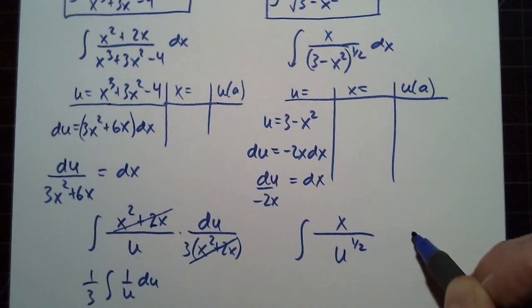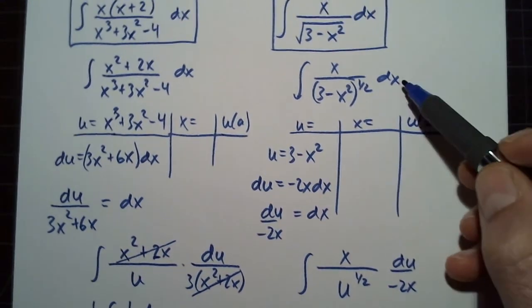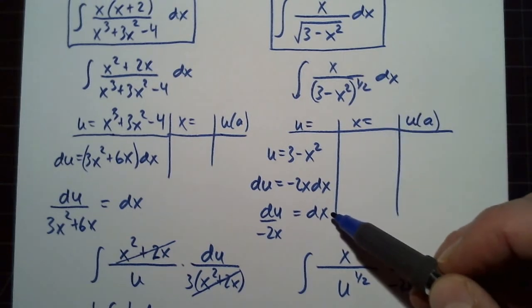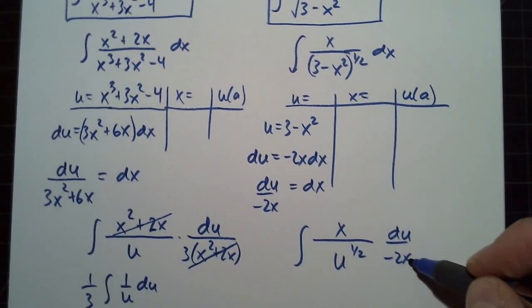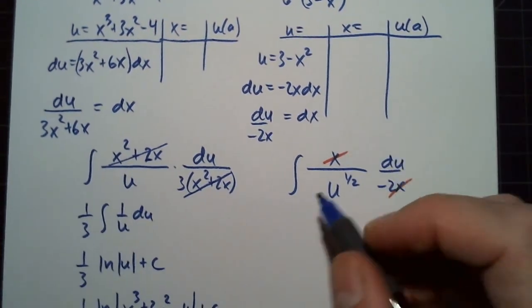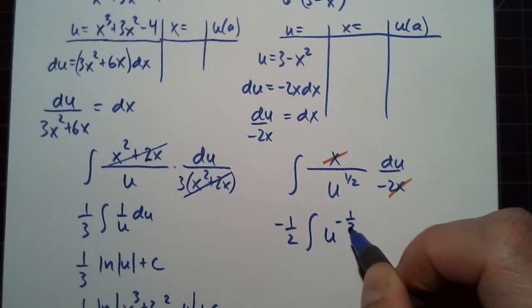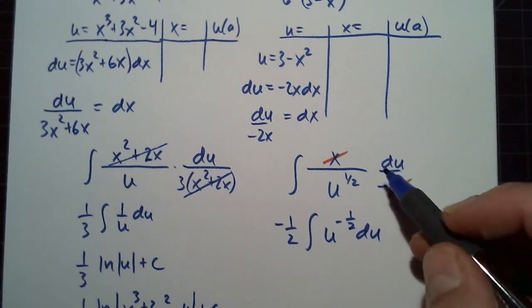U to the 1/2, and then we have du over negative 2x. So we substitute for dx. dx is du over 2x, and then the x will cancel. And now we have negative 1 over 2 u to the negative 1/2 du.